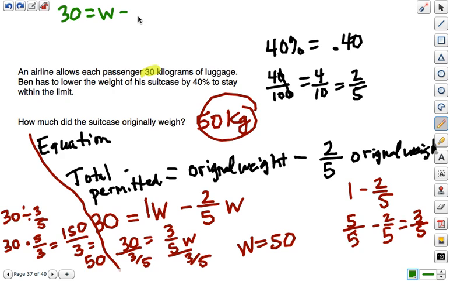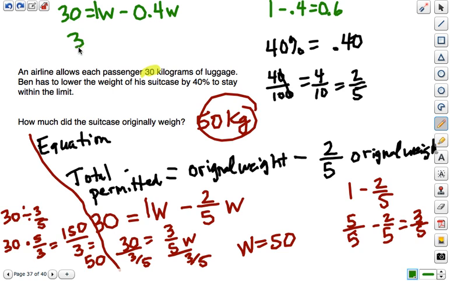So we have 30 equals W minus 4 tenths W. So we have W minus 4 tenths W. So 1 minus 4 tenths. Okay, you could put that in a calculator. If you go through that though, you should be getting 6 tenths or 0.6.